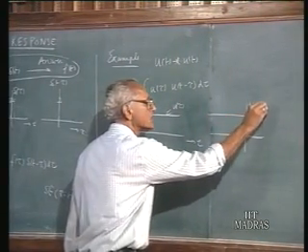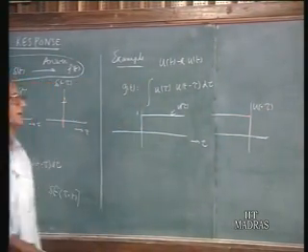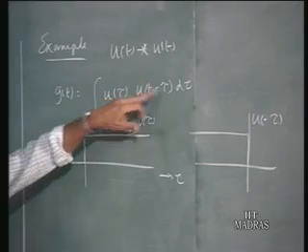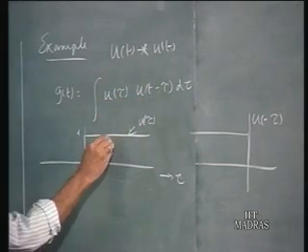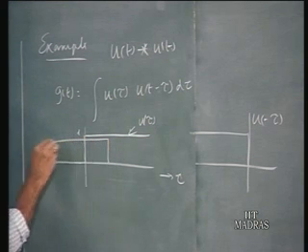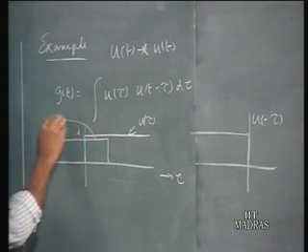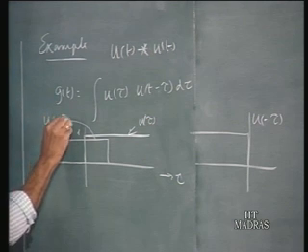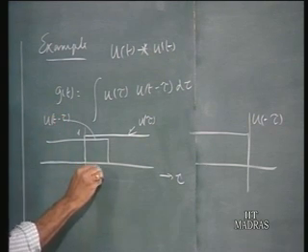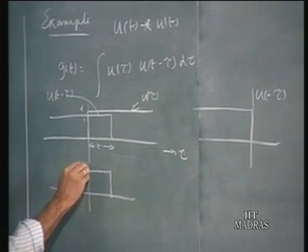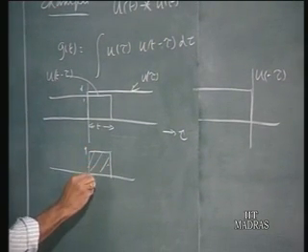But then you do not want u of minus tau, you must shift it by an amount equal to t. U of t minus tau would be something like this, where this amount is equal to t. So you multiply these two, this is also equal to 1, and you will get this curve from 0 to t.